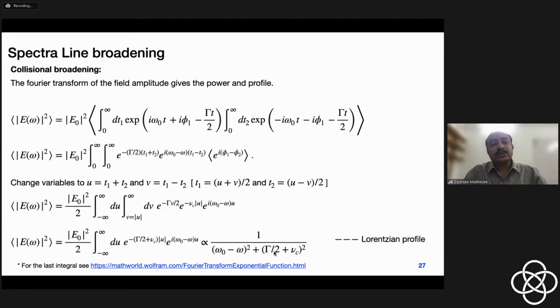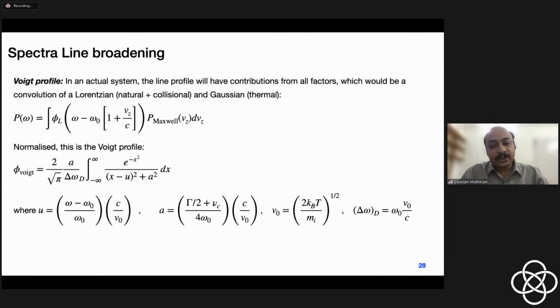So essentially what you need to remember is that the total width can be a Gaussian distribution due to the thermal nature of the particles and Doppler shifts of the frequencies. But it can also be a purely Lorentzian profile if it is dominated by collisions. So in a realistic system, what we actually model is a mixture of both.